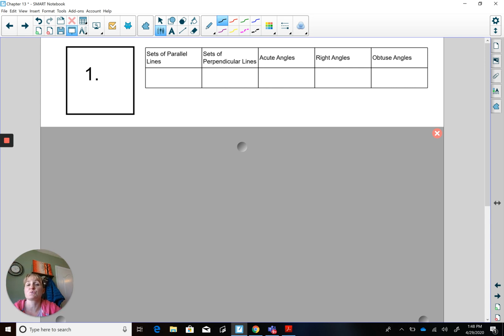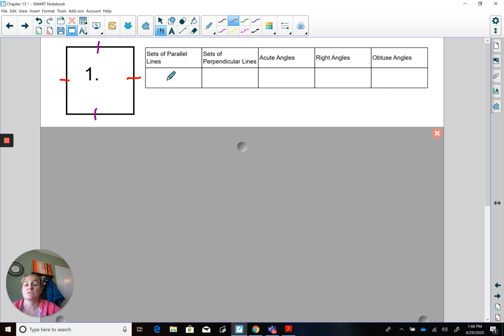When we look at this square, though, I see that this line and this line are parallel to each other. They're going to keep going forever this direction and never cross. I also see this side and this side are parallel, and that's our up and down, like our touchdown ones. So when we look at that, I did them in different colors for a reason. 2 are purple, so that would be 1 set. 2 are red, so that would be another set.